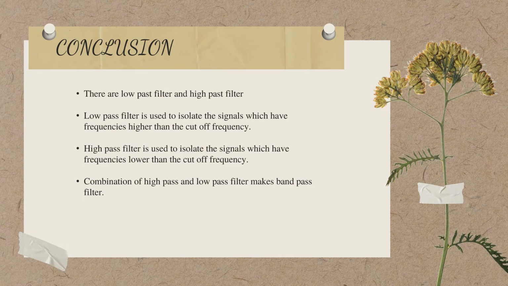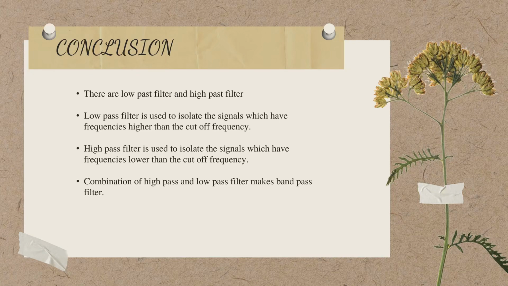In a band pass filter, there are low pass and high pass filters. A low pass filter is used to isolate signals which have frequency lower than the cut-off frequency, and a high pass filter is used to isolate signals which have frequency higher than the cut-off frequency. The combination of high pass and low pass filters makes a band pass filter.